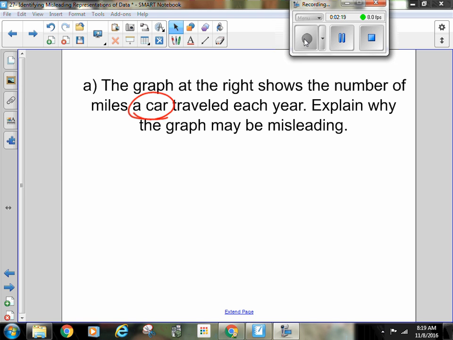The title just says miles driven, so that could represent miles driven by a single person, by a family, by a company, by the car, by the number of cars that are driven on a day in a car lot. Who knows? It's just not specific, so that's misleading. Another thing is if you look at the graph, the y-axis does not start at 0, it starts right up at 10,000. So that again misleads because it can show that a lot of miles are driven.